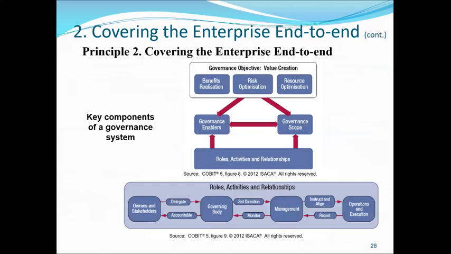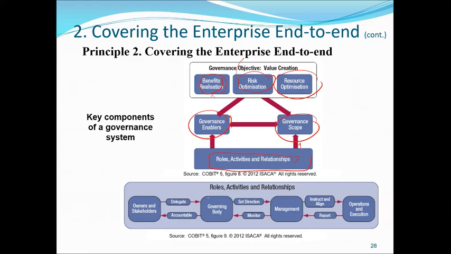So this is the model, covering the enterprise end to end. On one side you have governance objectives: value creation. Then you have to do risk optimization and resource optimization, which we discussed. So these are governance enablers and the governance scope, and these are the roles, activities, and relationships.